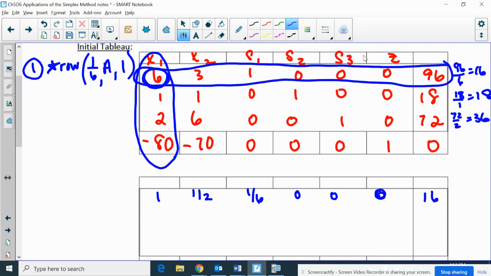Okay, I want to now make all of the rest of these elements in this column into zeros. And I'm going to do that by using my pivot row every time. So if I want 1 to become a 0, I'm going to star row plus. I'm going to do -1 times matrix B, use my pivot row 1, and then add it to row 2.